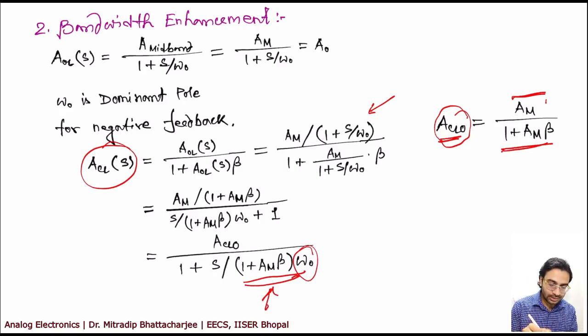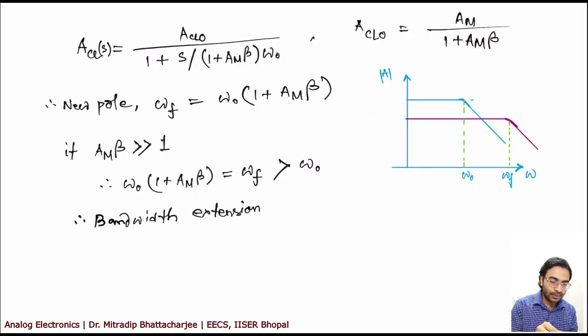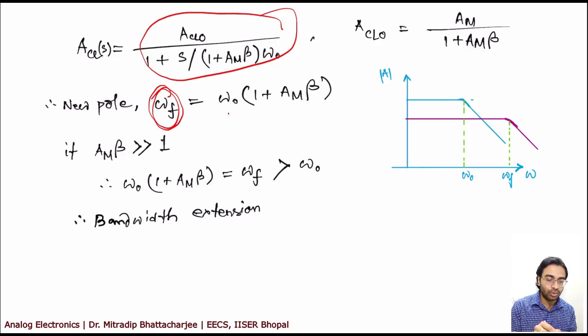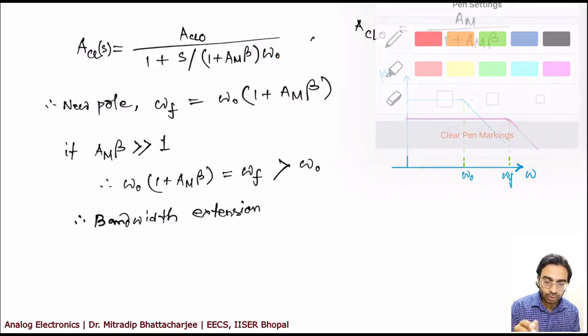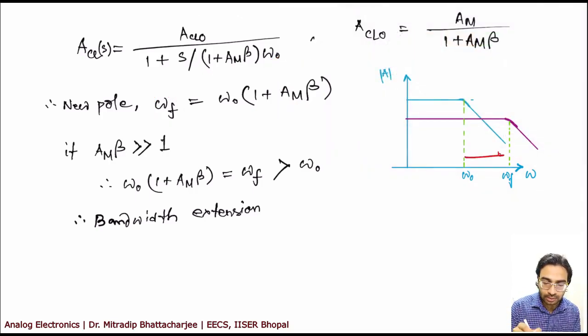From this equation you can say that you now have a new pole omega F, which is omega 0 into (1 plus AM beta). This is a very high value. So definitely you have pushed your omega 0 or pole towards the right side.